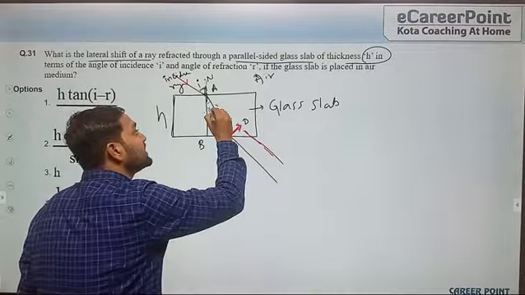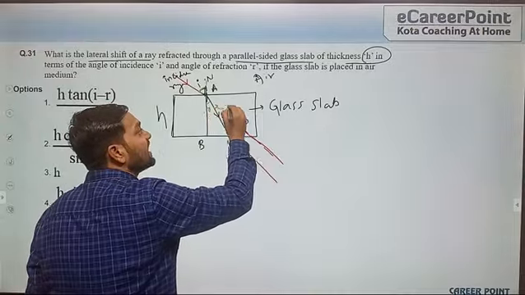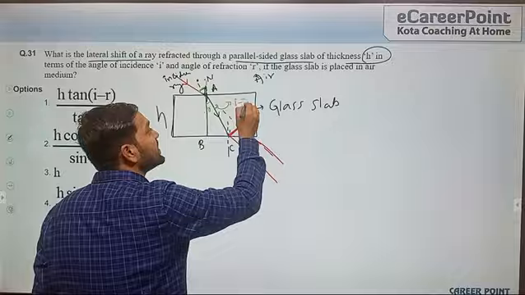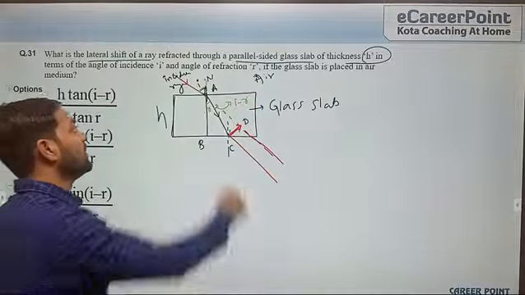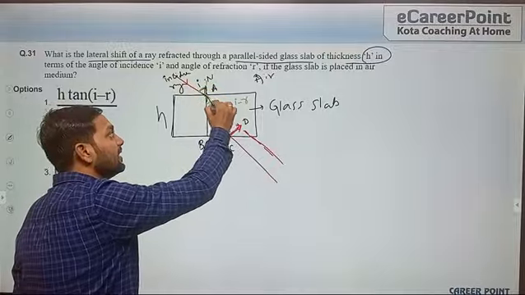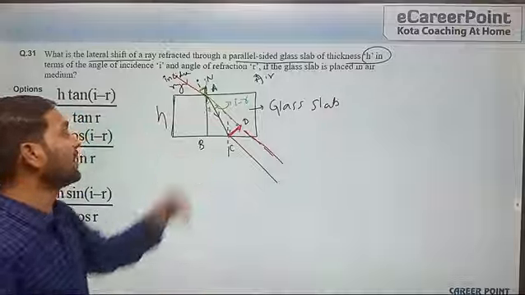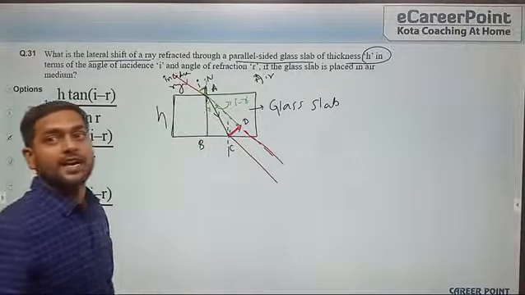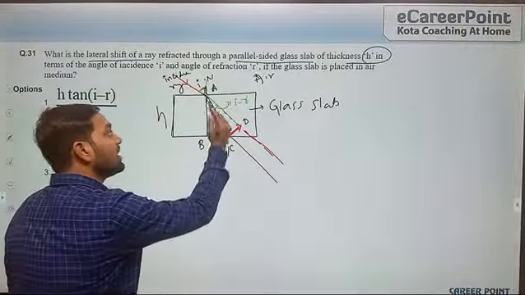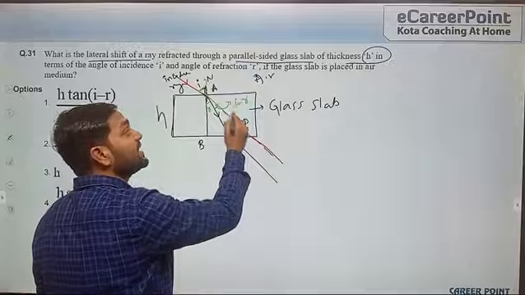So what is this angle? This angle will be equal to i minus r. Why? Because it bends towards the normal, so this angle is i minus r.